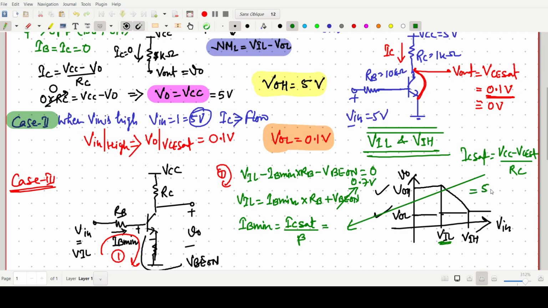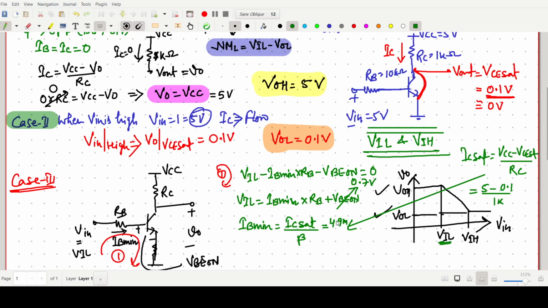VCC value is 5 minus VCE sat, 0.1 volt, by RC. RC is given as 1 kilo ohm. So it should be 4.9 milliampere. We can write as 5 minus 0.1, so it should be 4.9.